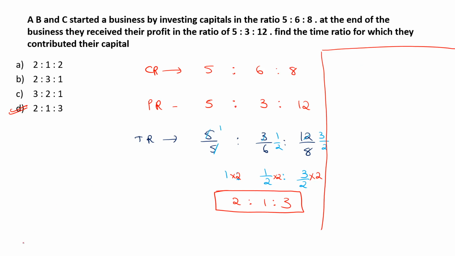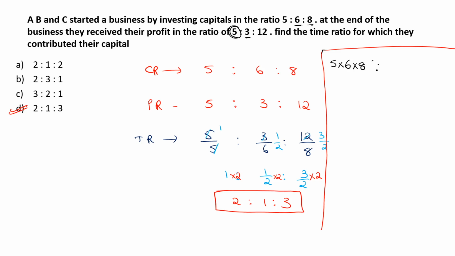In ratio and proportion we have learnt this mechanism. To get the time ratio, take the first term of the profit ratio, 5, and multiply that 5 with the other two terms of the investment ratio, that is 6 is to 8.